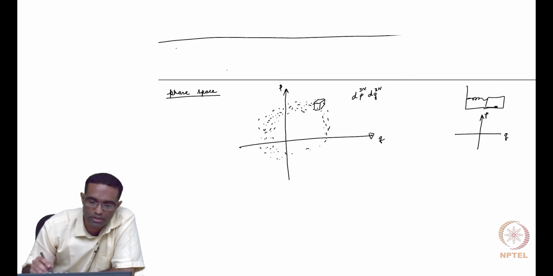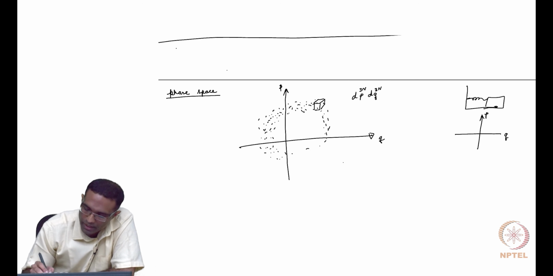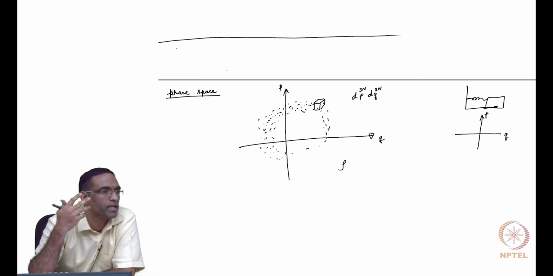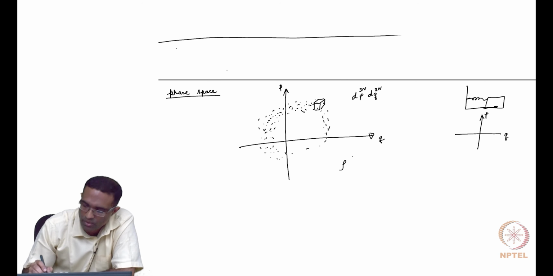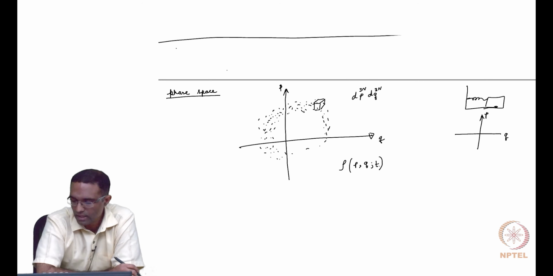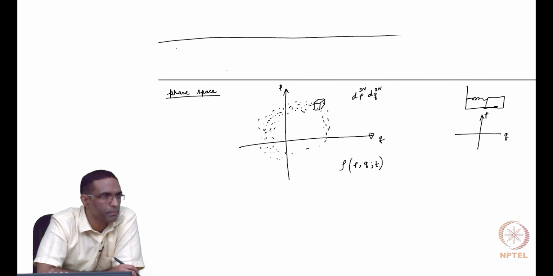We can also define what is referred to as a density rho. Imagine continuum mechanics, where you define a density which is mass per unit volume. In phase space and statistical mechanics, I will call this density the number of points per unit volume of the phase space at any given instant of time.